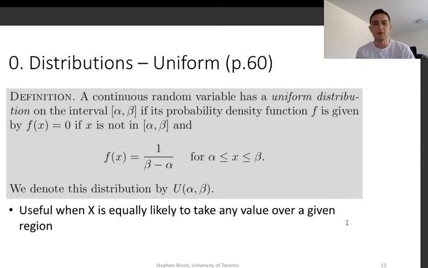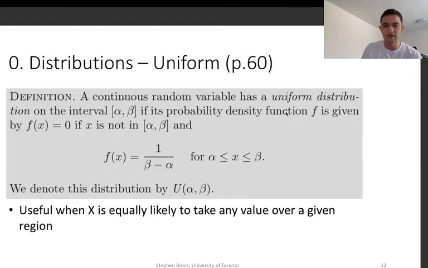All right, the uniform distribution. By definition, a continuous random variable has a uniform distribution on the interval alpha beta if its probability density function f is given by f of x equals 0 if x is not in alpha beta, and f of x equals 1 over beta minus alpha for x between alpha and beta.